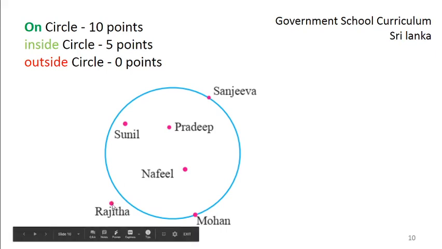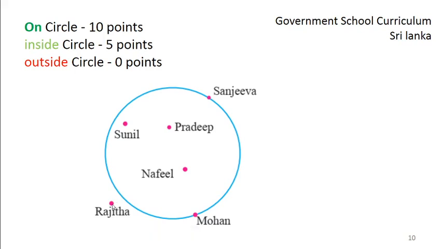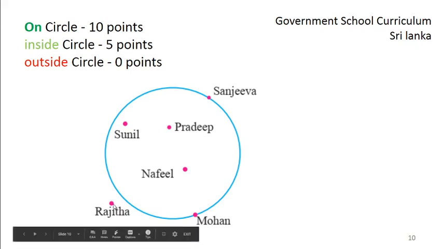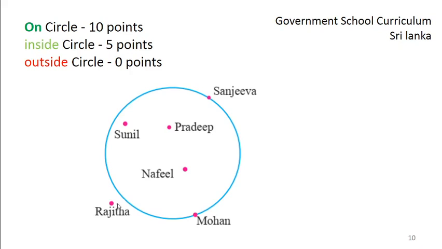Okay, what's the last question? You are given 2 more opportunities. You are given 2 turns to play. So all of these students are going to be given 2 more turns to play this dart game. What is the maximum points that Mohan can get within these 3 turns?